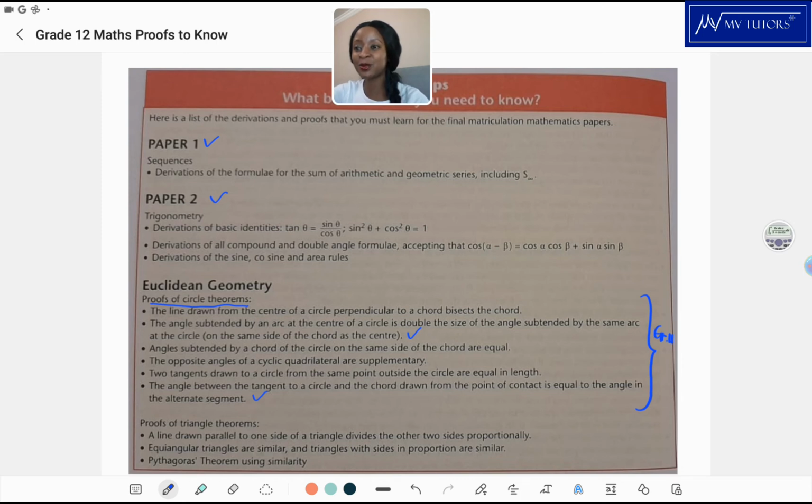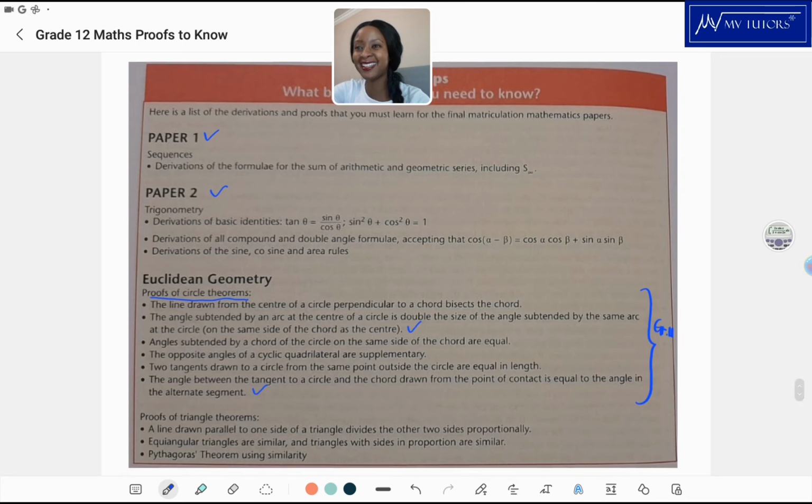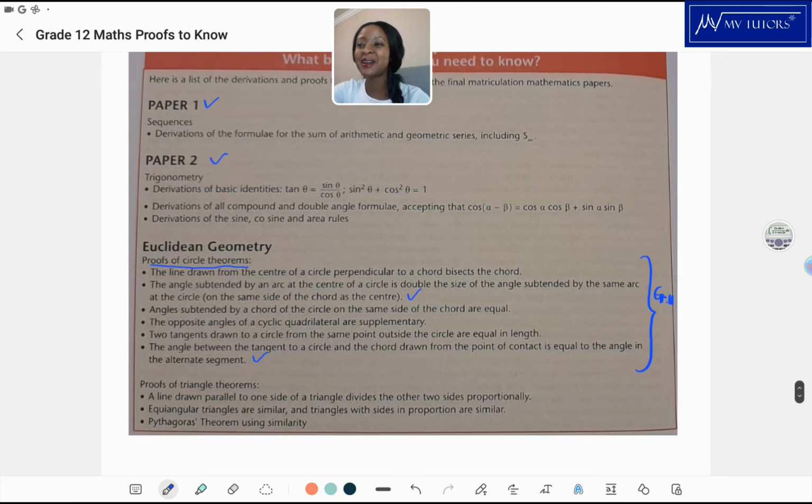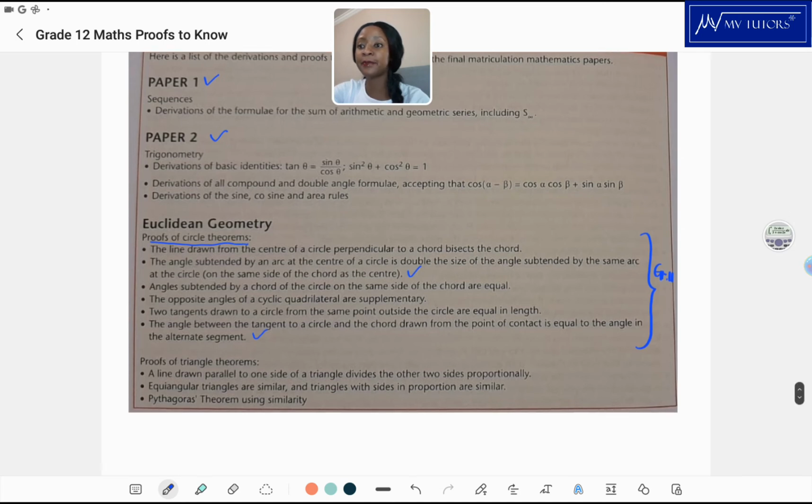Guys, I'm so overwhelmed to do all these proofs. But let's see how far we get. Let's do it. Also, the proofs that they have really asked in matric, because this is grade 12 work now, when you get to the triangle theorems, they've definitely asked the proportionality theorem.